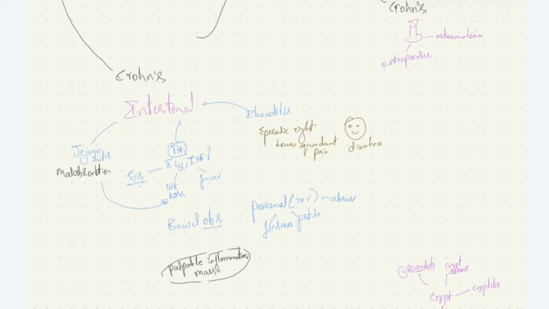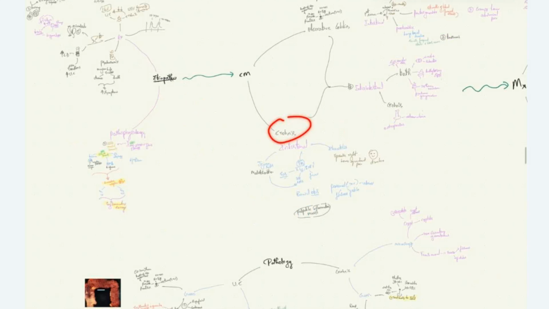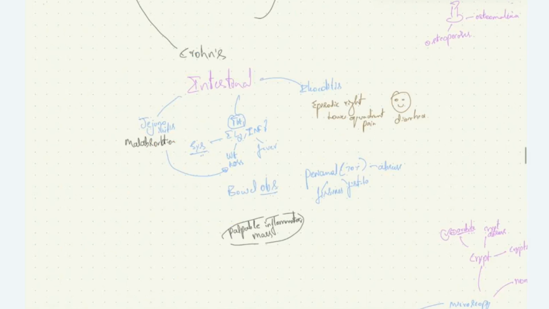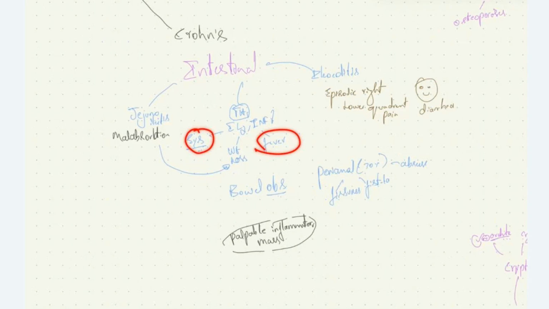In Crohn's disease, type 1 helper cells are more active, leading to systemic manifestations like fever due to release of inflammatory mediators like interleukin 2 and interferon gamma. The patient will also have weight loss and cachexia due to these mediators.